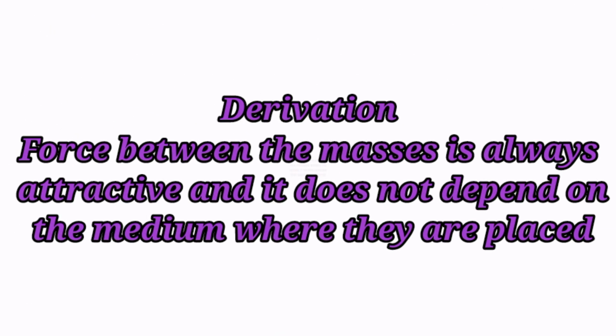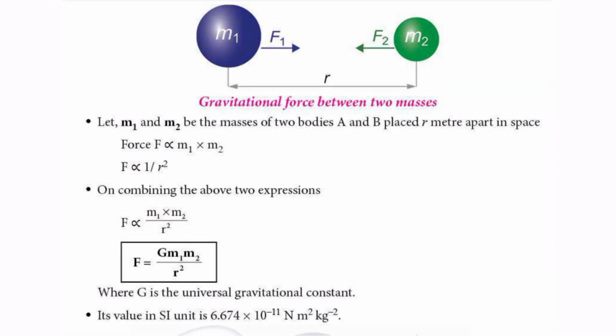Derivation: Force between the masses is always attractive and it does not depend on the medium where they are placed. Let m1 and m2 be the masses of two bodies A and B placed r meters apart in space. Force F is directly proportional to m1 into m2. F is directly proportional to 1 by r square.